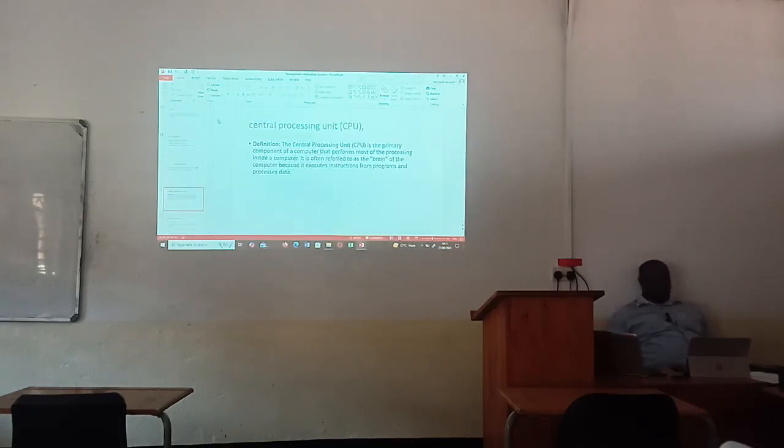Okay. So the central processing unit, this is the brain of the computer. Just like a human. A human brain has how many parts? Which part of the brain is responsible for some functions such as the heartbeat, breathing, knee jerk, twitching of eyes?